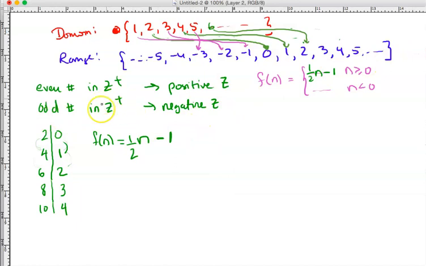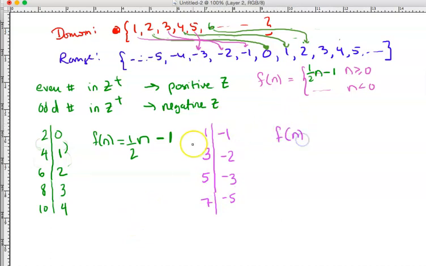Odds in my domain go with negative integers. So 1 is going to go with -1, 3 is going to go to -2, 5 is going to go to -3, 7 is going to go with -4. Same idea, let's figure out a function.